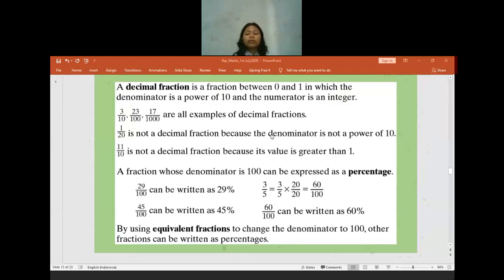You can multiply the fraction by 100%, or you can change the fraction into a decimal fraction as long as the denominator is per 100, also fine. You already did it when you were in grade 8, or is there anyone still confused? I can repeat it. No? Okay. No one is confused, I think.